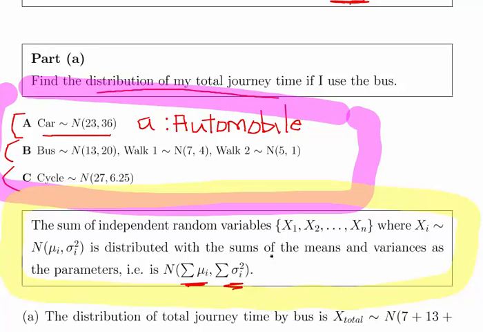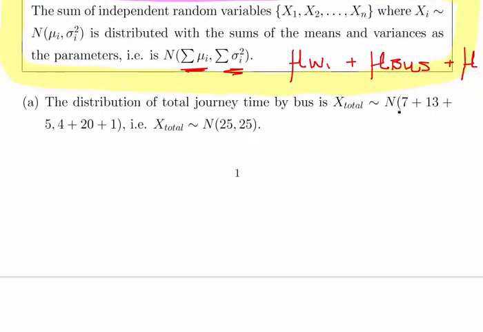So it is mu walk 1 plus mu bus plus mu, I'm running out of space there, but you get the idea, the second walk. So the total journey time will be 7 plus 13 plus 5, which is the first walk, the bus, and the second walk.